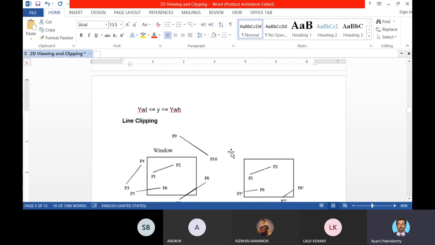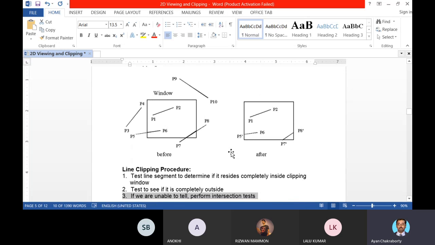So this is basically the line clipping algorithm. The first clipping algorithm we have studied, the line clipping algorithm based on the intersection test and the inside outside test.